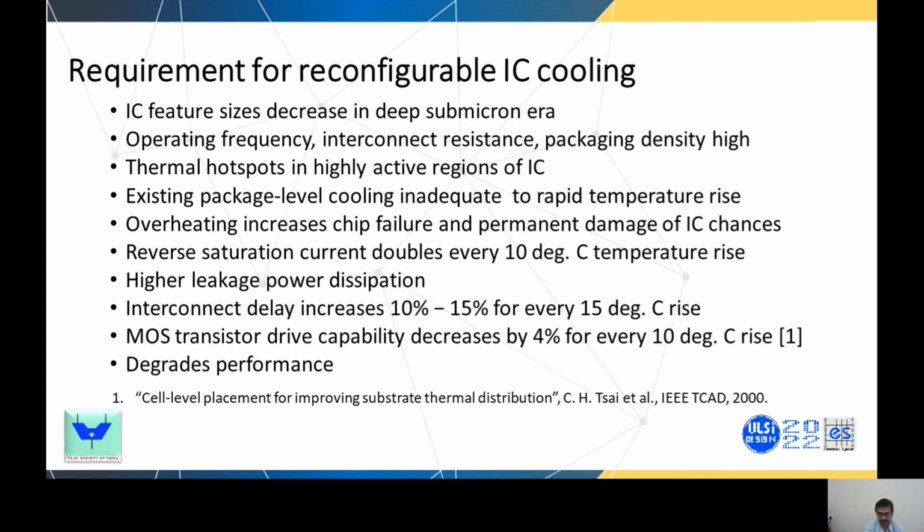This has also increased the reverse saturation current due to the rise in temperature. We know that the leakage power increases with the increase in reverse saturation current. The interconnect delay increases with rising temperature, which also degrades performance.